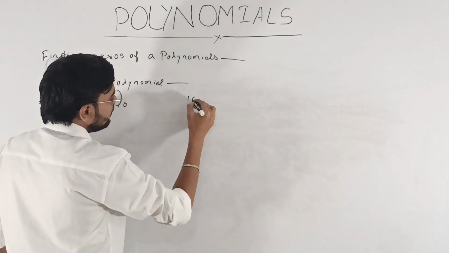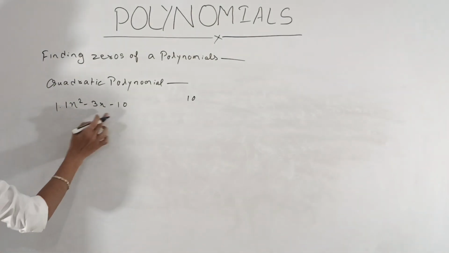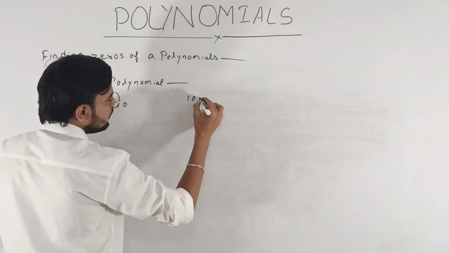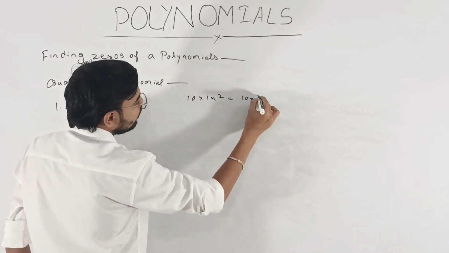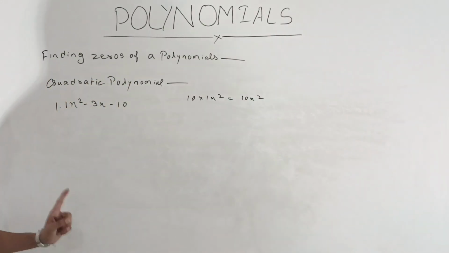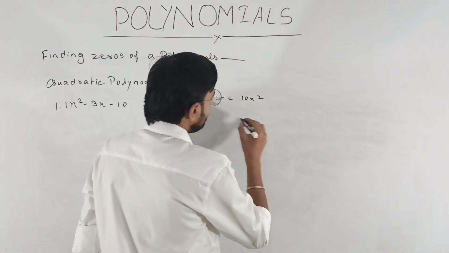When we multiply 10 and 1x square, what is the answer? 10x square.